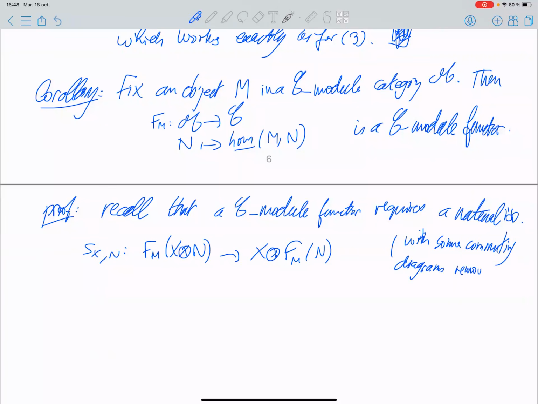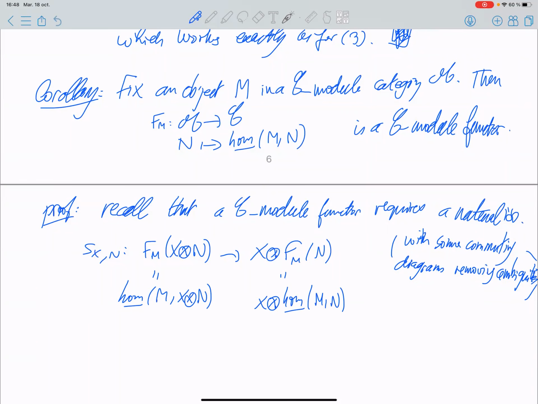So we need such a natural isomorphism. This one is nothing but Hom, internal Hom M extensor N. This is extensor internal Hom M and N. And we already know that there is a natural isomorphism between these two by the lemma.